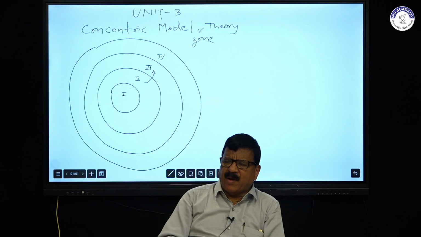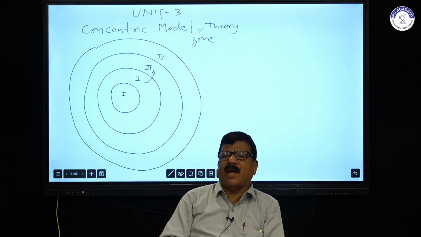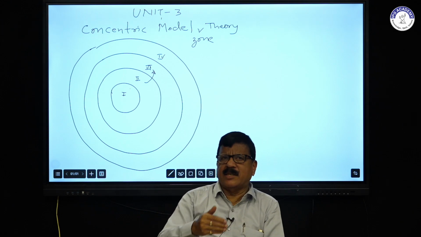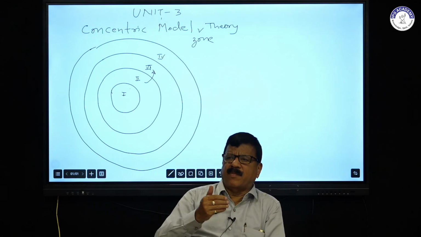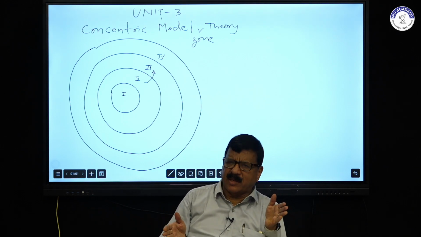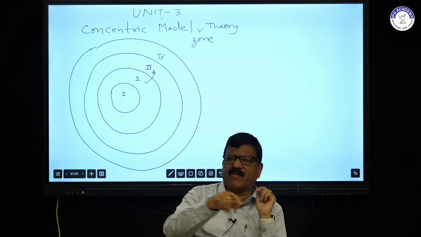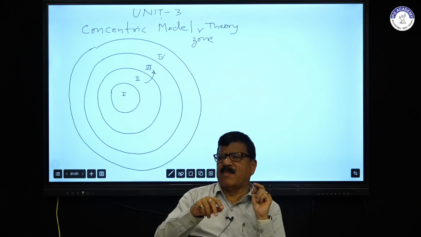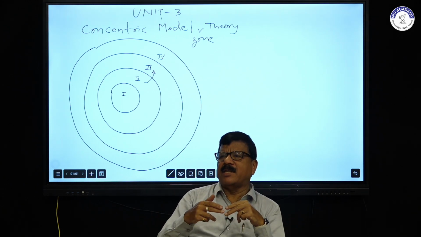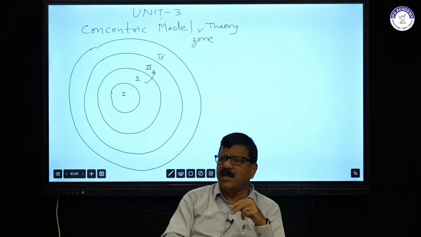If you go to a still bigger plot like 40 by 60, open space all around is compulsory. It is on the front, in the back, and you leave space on both sides. So you get ventilation from all four sides. But as you go to bigger and bigger sizes, the cost keeps increasing.